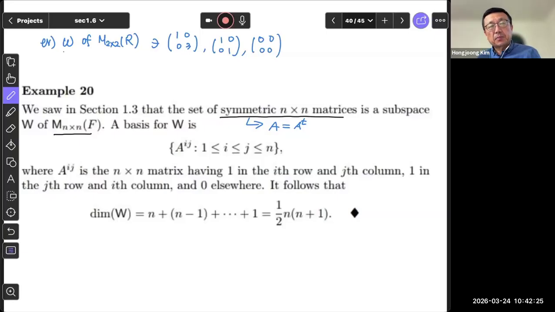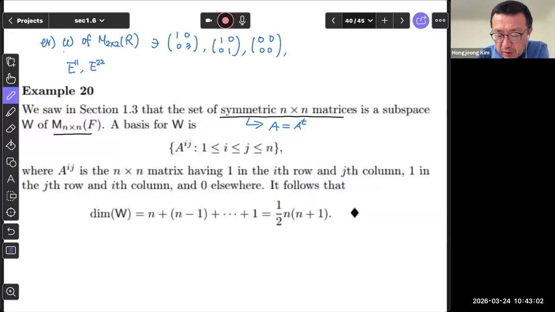As I said, these are all examples of symmetric matrices. Now, for this W of M sub 2 by 2 space, how about E to the 1 1, E to the 1 2, E to the 2 2, and there are many others.